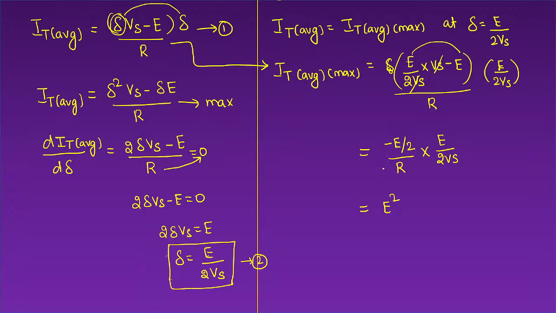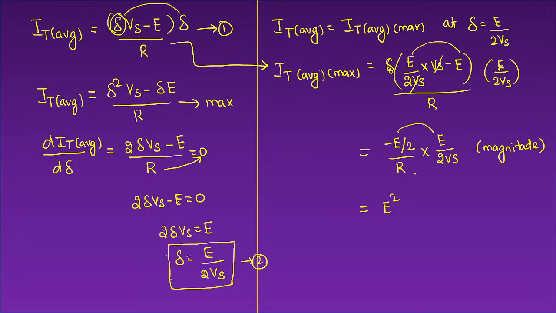Yes, sir, we are considering only the magnitude of the current. Now you can ignore the effect of this negative sign, as we just wanted to know the maximum value of the current. I'm repeating one more time, I am just considering the magnitude of the current, so sign is not required.